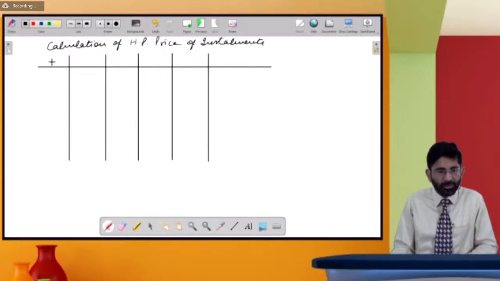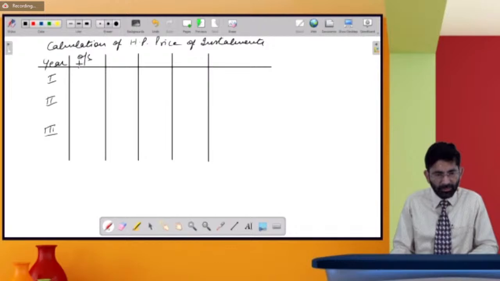Calculation of HP price of installments. Year: it will be first year, second year, and third year. Outstanding balance, that is cash price. So that's better.